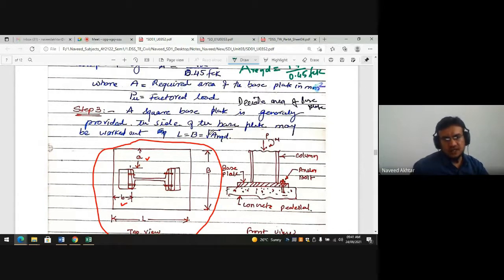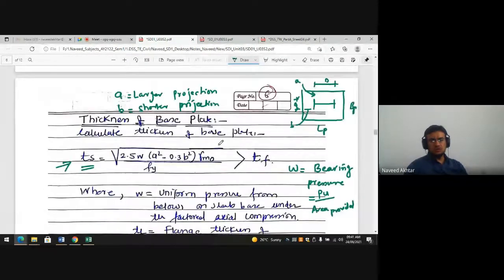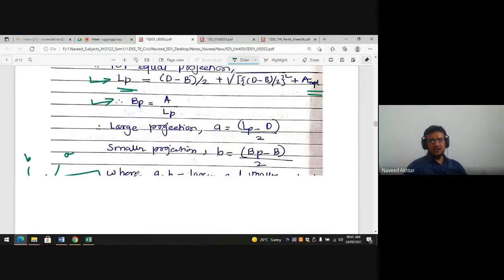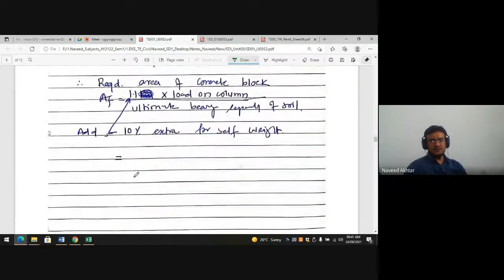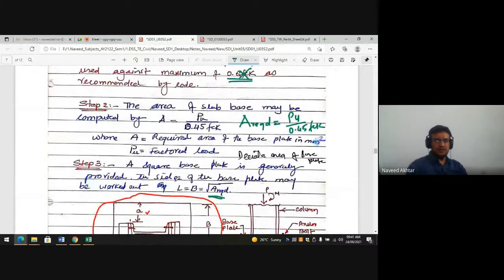So L is equal to B is equal to the square root of area required, for initial sizing of the section. Otherwise, you can use this empirical equation to find out the length of plate and breadth of plate.